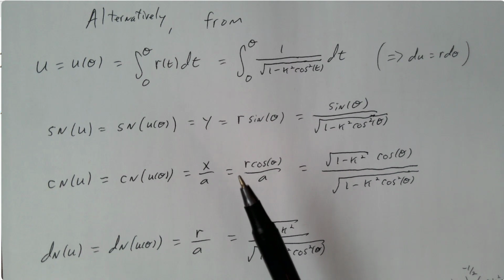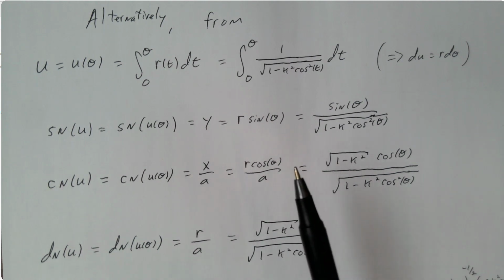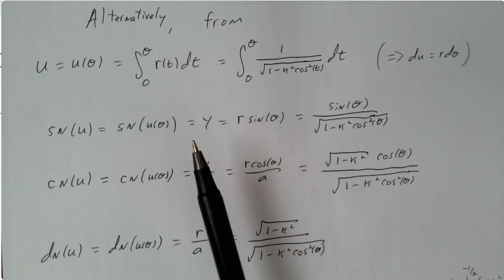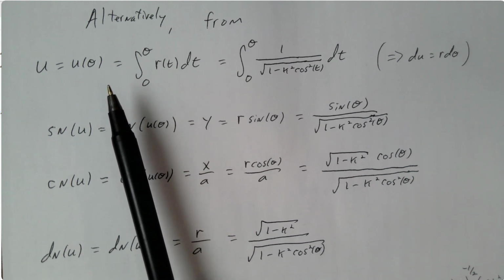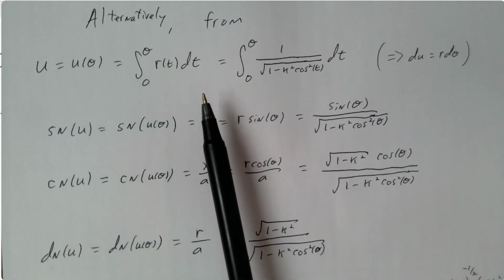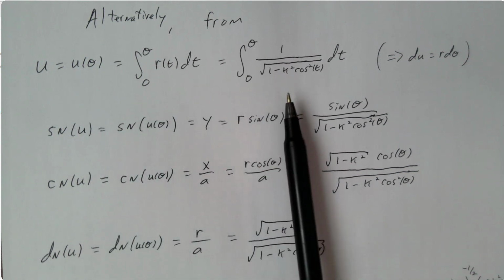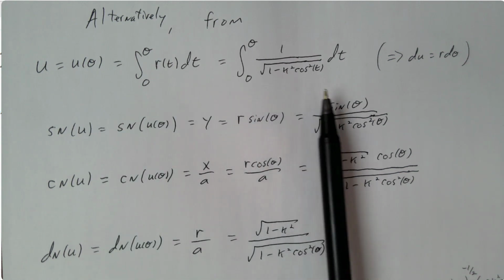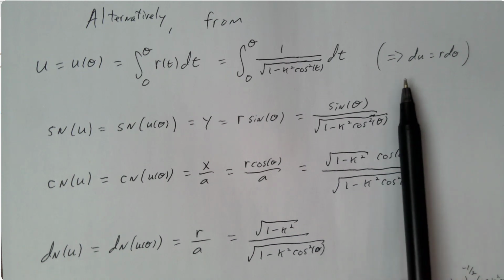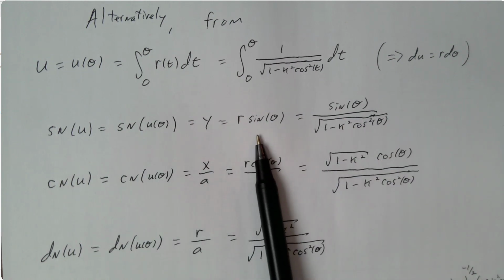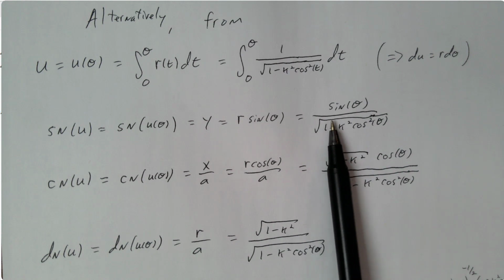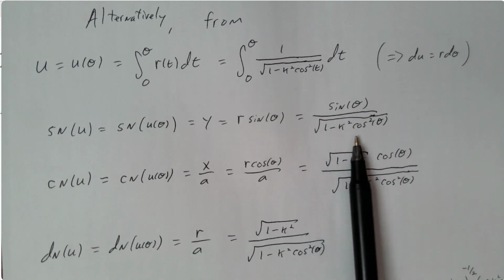If you didn't like that way, and wanted to see another way, I did redo it more directly from my more precise definitions. Instead of du is r dθ, I have u is this, of course, which implies du is r dθ. Sun u is y, which is r sine theta, but r is 1 over this square root.